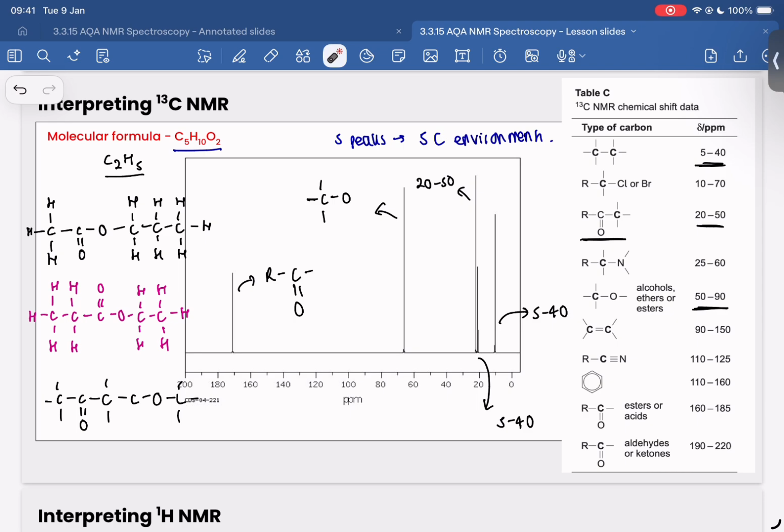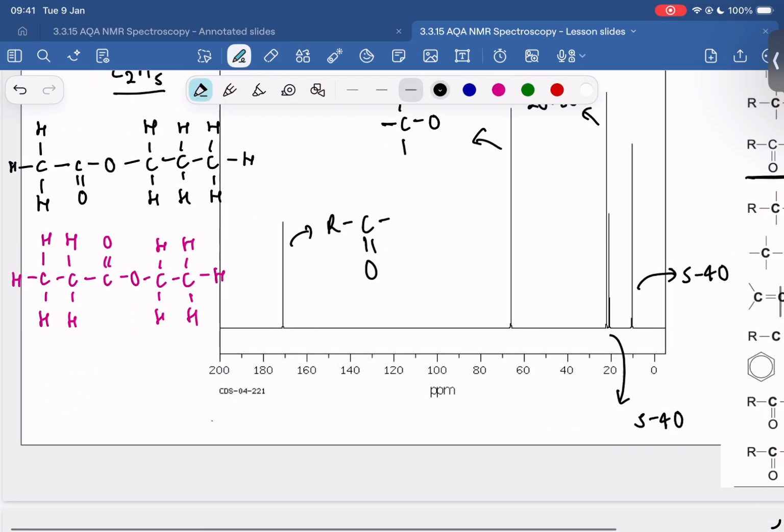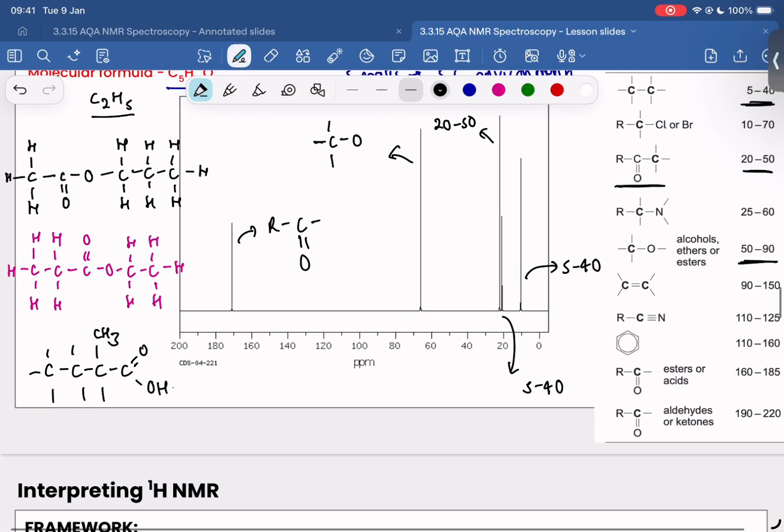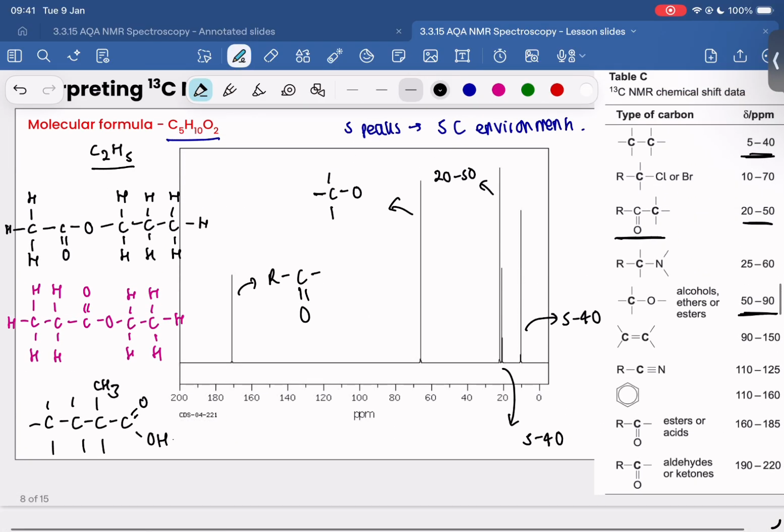I got 2-methylbutanoic acid. Okay, we can see if that works actually. So you got 2-methylbutanoic acid. Okay, so I can directly see here that there are 5 different carbon environments. Let me just count the hydrogens.